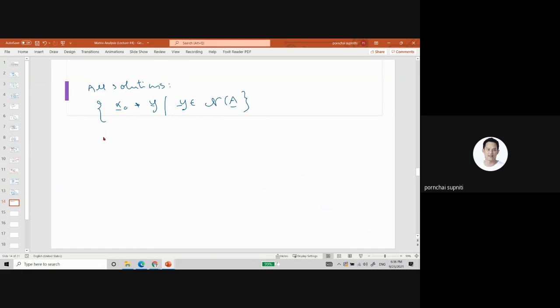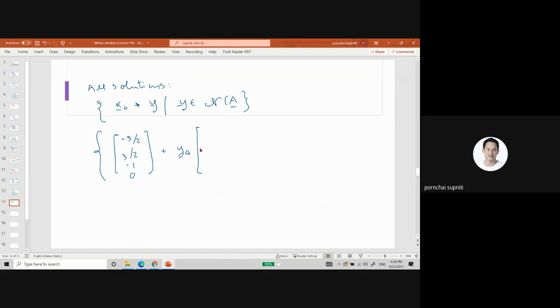And for this problem, the x0 that we find is a particular solution; you can use this particular solution to be anything that satisfies one solution. So this is minus 5/2, 3/2, minus 1, 0. And then add it with the null vectors.